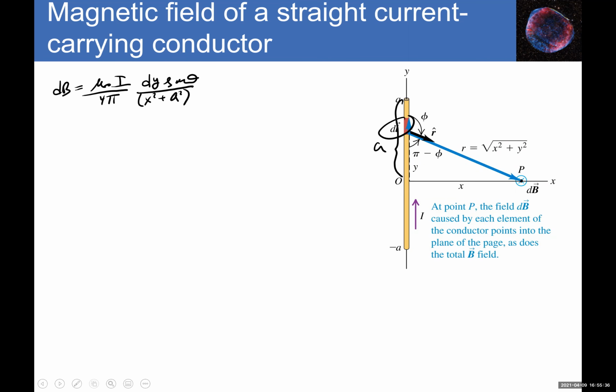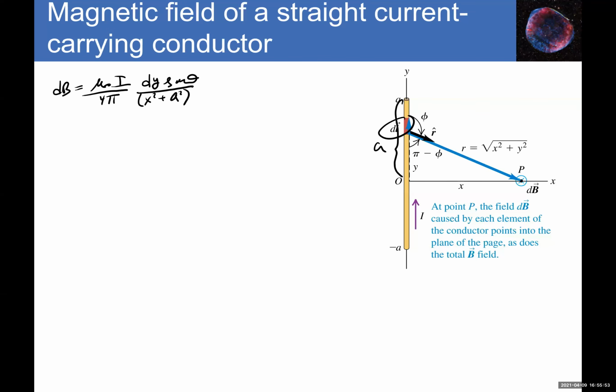So from here I need to simplify my equation, because theta, y, and r are not independent of each other. So what we do here is write down what those quantities are.